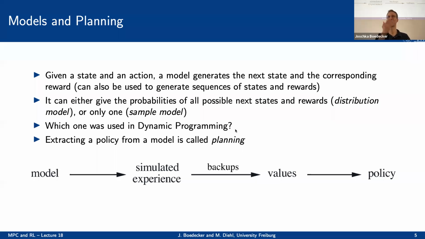You concentrated on deterministic models, but in general, in these dynamic programming update equations, we have these expectations, so there we actually need to know a whole probability distribution in order to calculate the expectation. Okay, but there are different ways you can approximate these models.